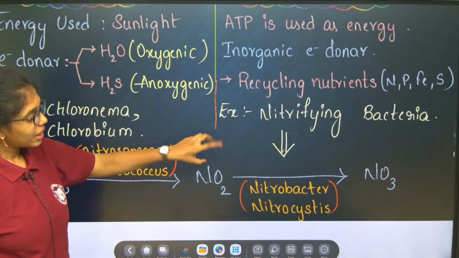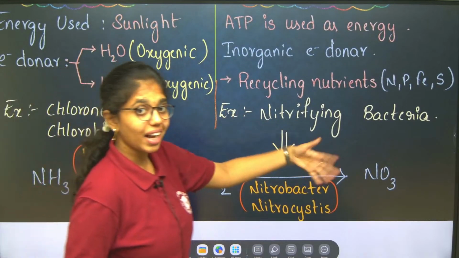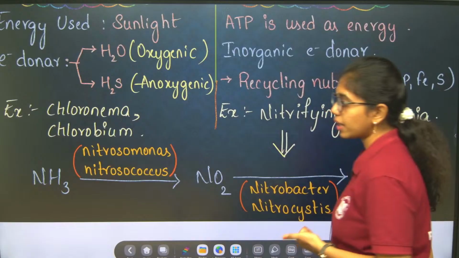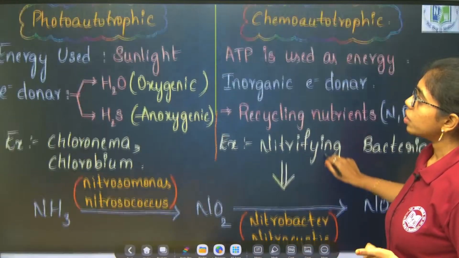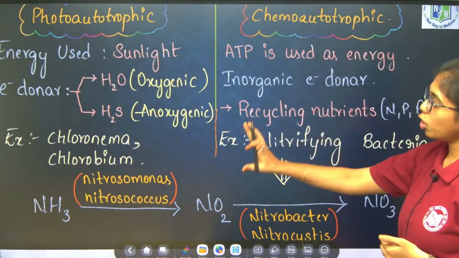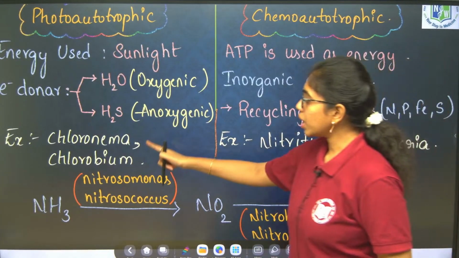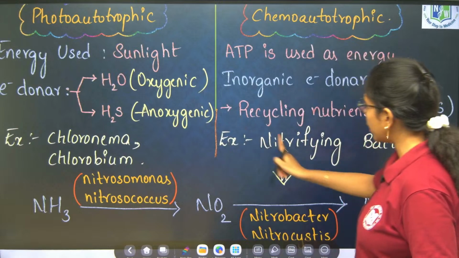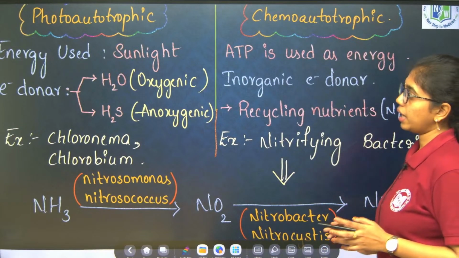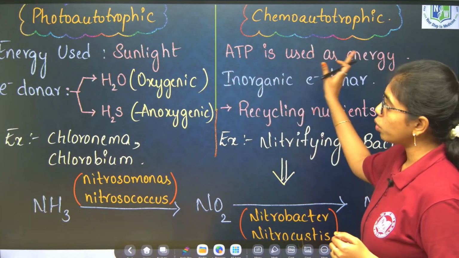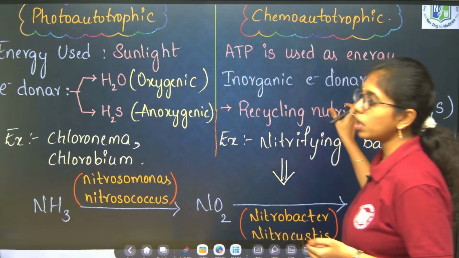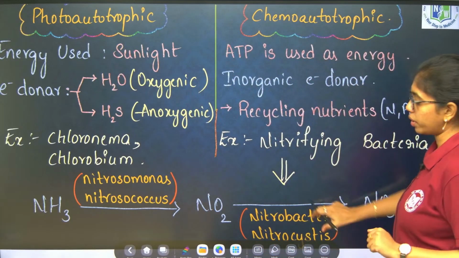Chemoautotrophic nutrition. Next, nitrite turns to nitrate by what? Nitrobacter and Nitrocystis. So this is about photoautotrophic and chemoautotrophic. Do remember the examples: Chloronema and Chlorobium here, and nitrifying bacteria here, and the energy used and electron donors involved for both of them. This is very important.